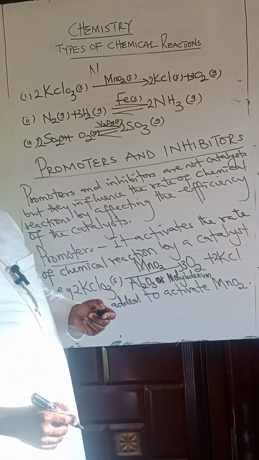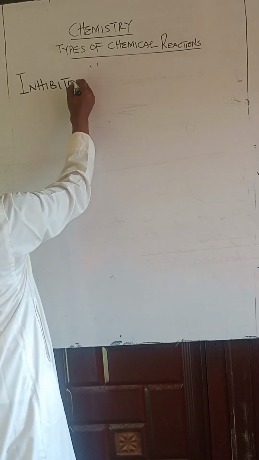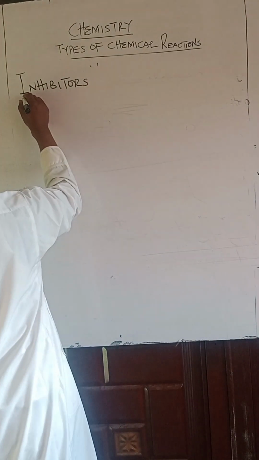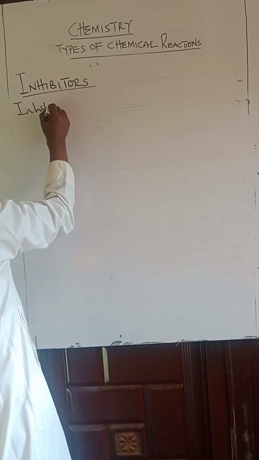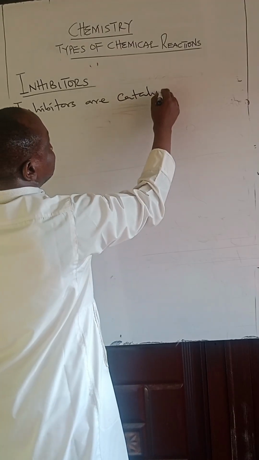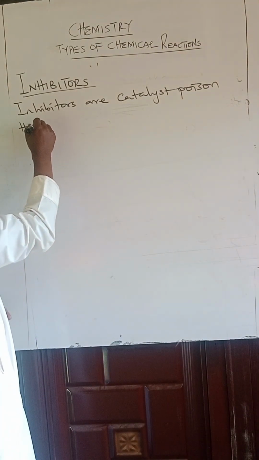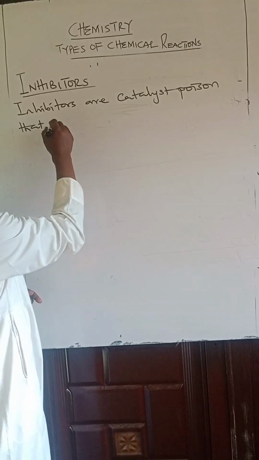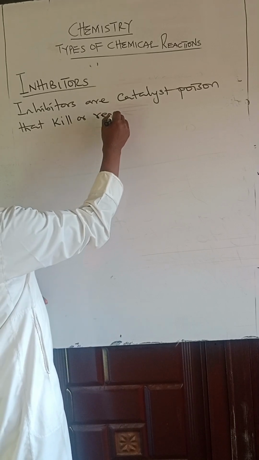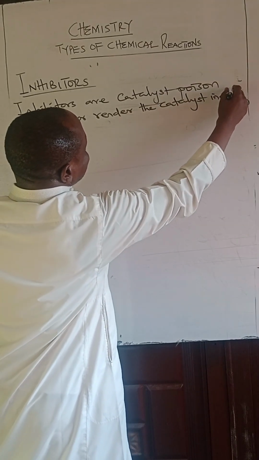We have inhibitors. Inhibitors are catalyst poisons that kill or render the catalyst inactive.